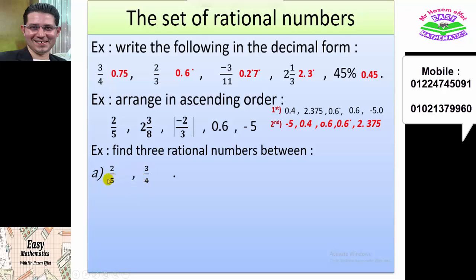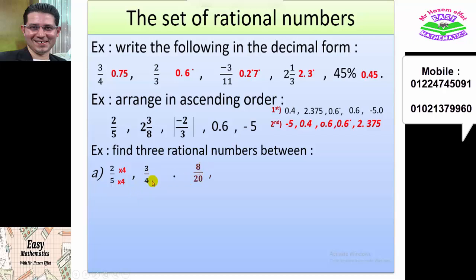At first, we must change both fractions to have the same denominator. How? By multiplying the denominator 4 here, up and down, and multiplying the denominator 5 here, up and down. They will be changed into two fractions with equal denominators: 2 multiplied by 4 and 5 multiplied by 4 will be 8 over 20.